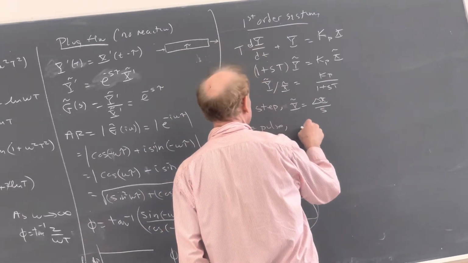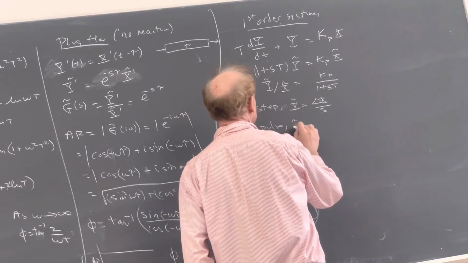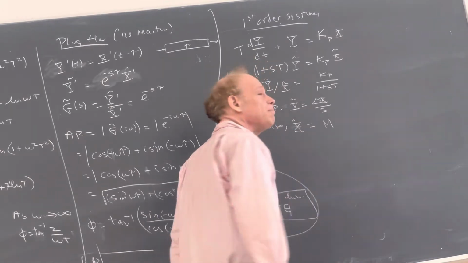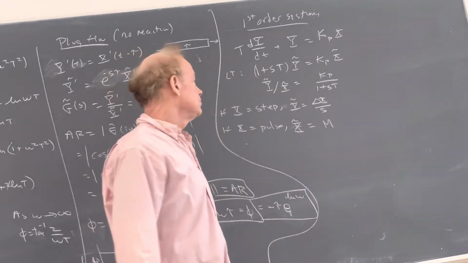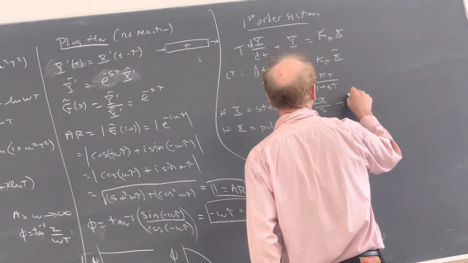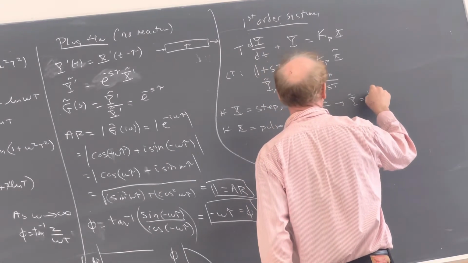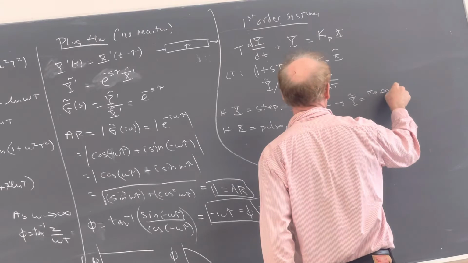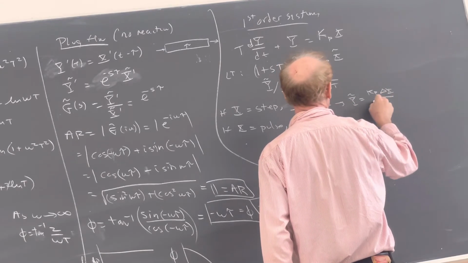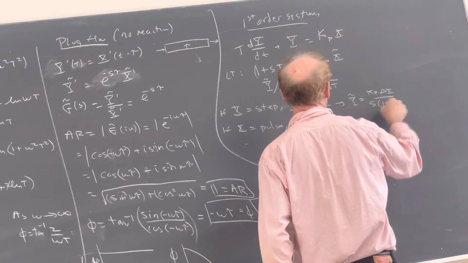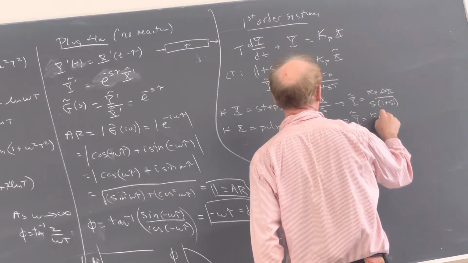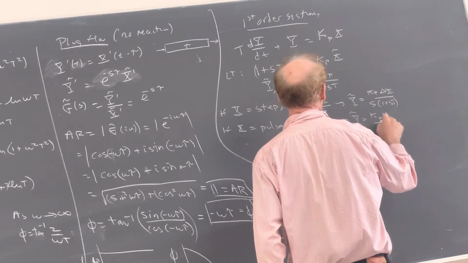And if x is a pulse, then x tilde is just the size of that pulse, say m. It's the amount in the pulse. So in that case, y tilde is Kp delta x over s times 1 plus s tau. For the pulse, y tilde is equal to Kp m over 1 plus s tau.